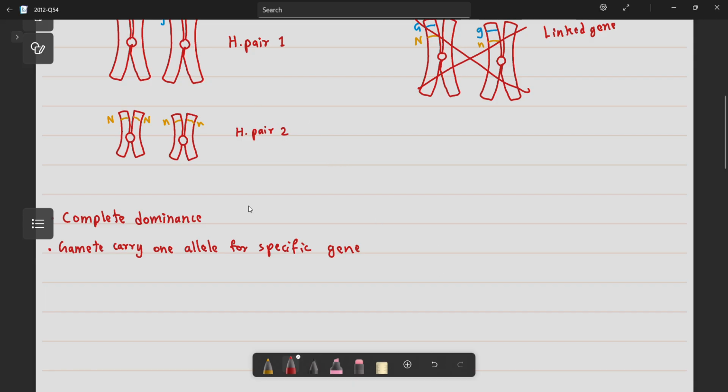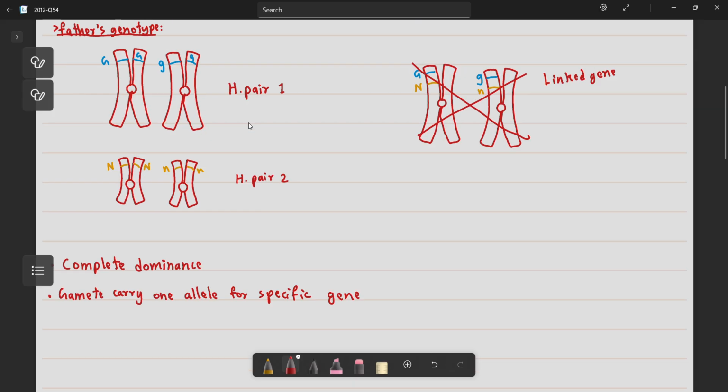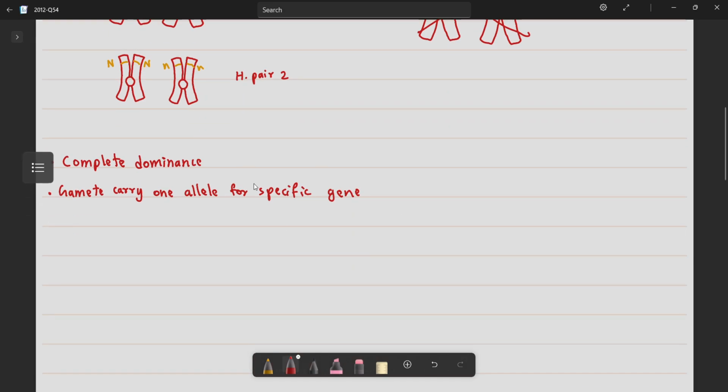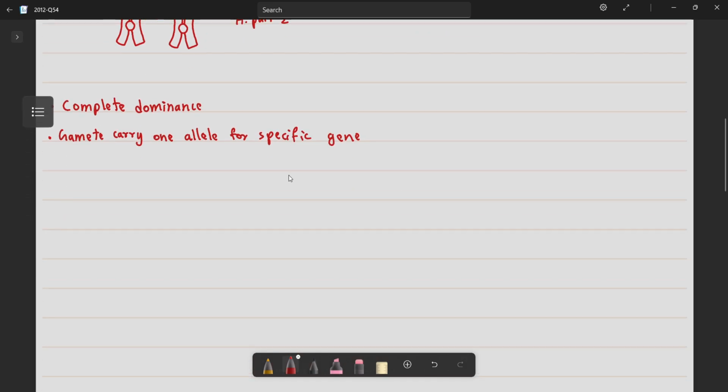Now this is a very quick example of the things you must assume, and I'm also going to quickly draw the diagram of the father's and mother's genotype. So this is the father and the mother's genotype. For the mother's genotype, we have the first pair of the homologous chromosome.